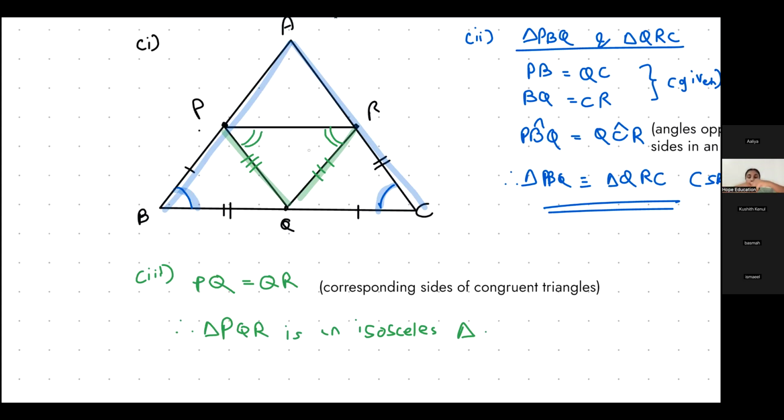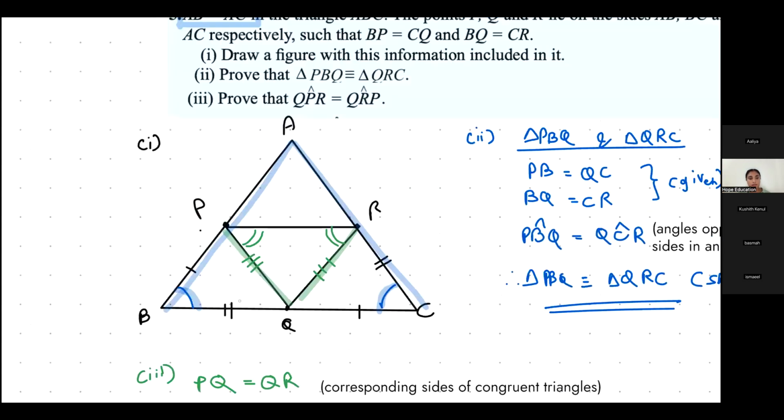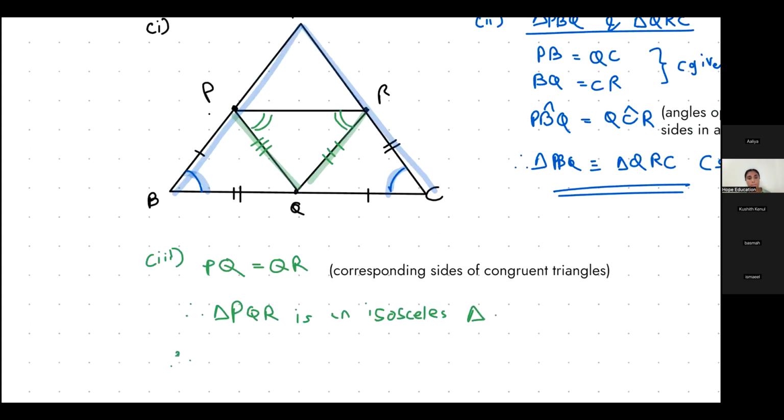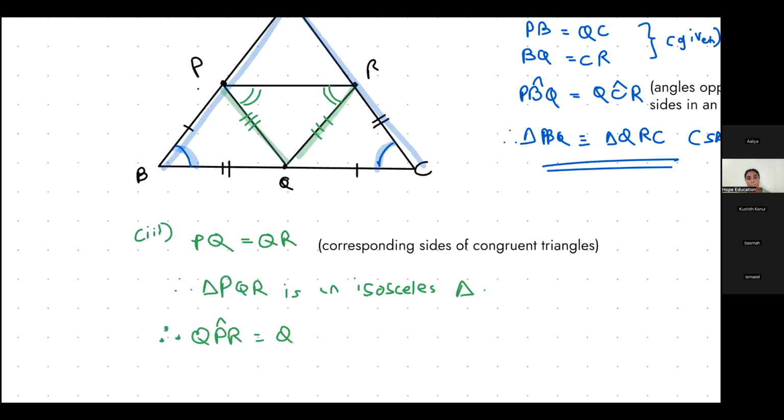The angles opposite to the two sides are also equal. So we can directly say therefore QPR equals QRP. And for the reason you write angles opposite to equal sides of an isosceles triangle. Is that clear to all of you? Is this question clear?